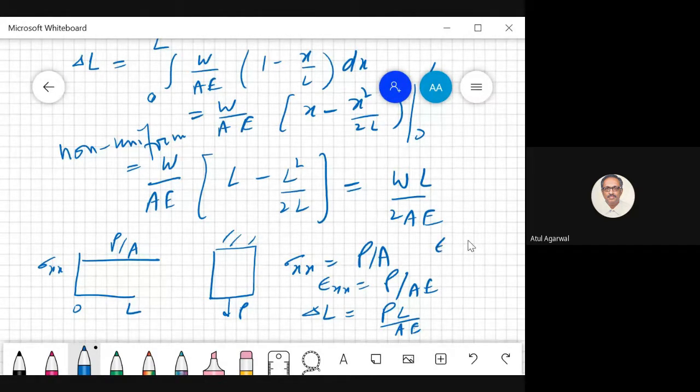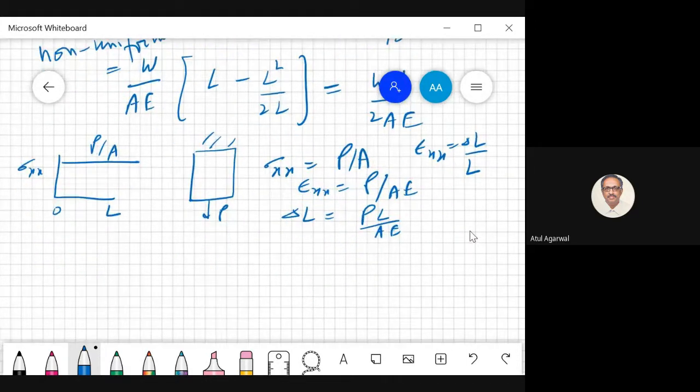Because epsilon xx is what? Delta L by L. So that you can use because you have a uniform stress. So you can say if you have taken a small element of length dx, what is your dl? P by AE into dx. Strain into original length.